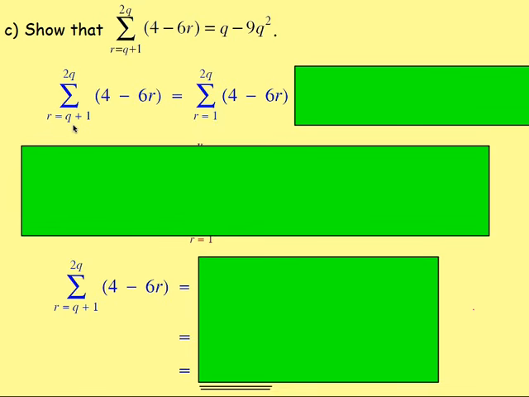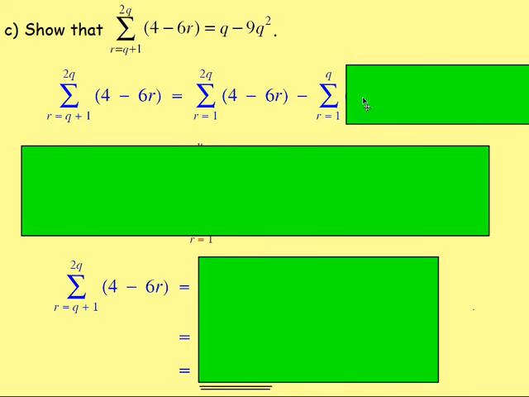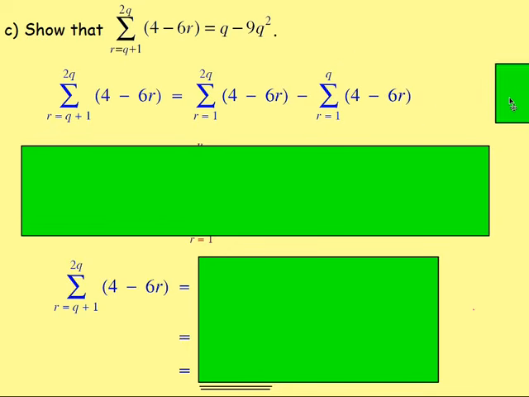What we're starting with is q plus 1. Imagine if you had 10 plus 1, that would be 11, so you'd be starting at 11 and missing the 1 to 10. So whatever q is, we're missing the sum going from 1 to q of the 4 take away 6r.